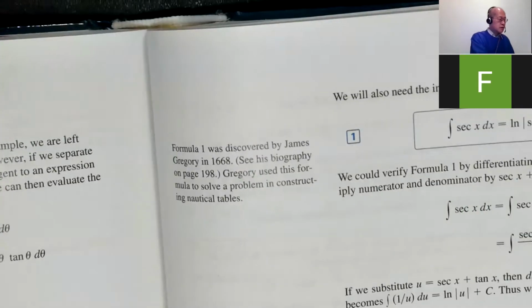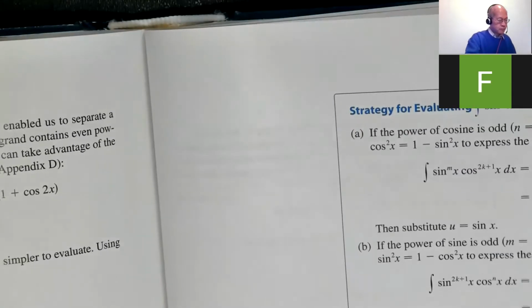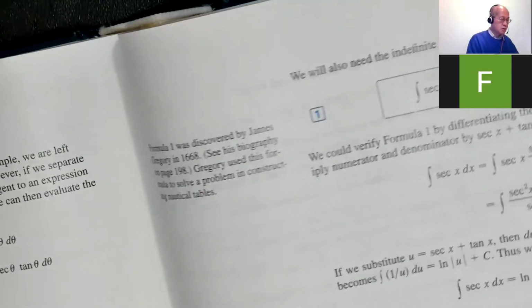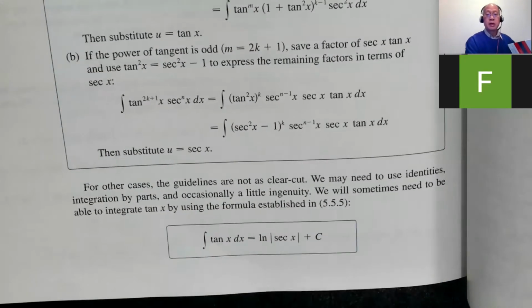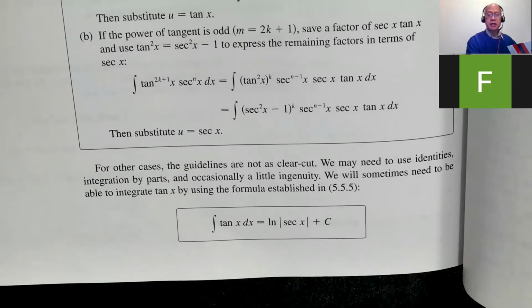Okay, so let me show you what is going on in the text in terms of these antiderivatives. On the bottom of page 482, there's the integral of tangent, ln absolute value of secant x plus c.